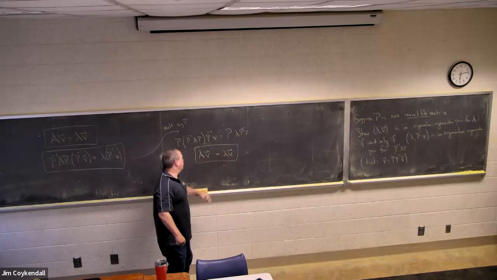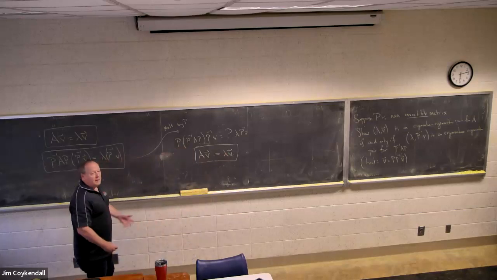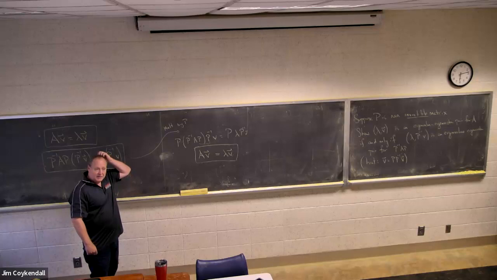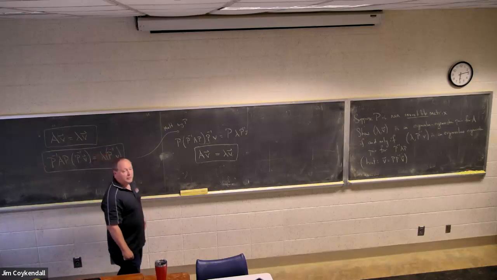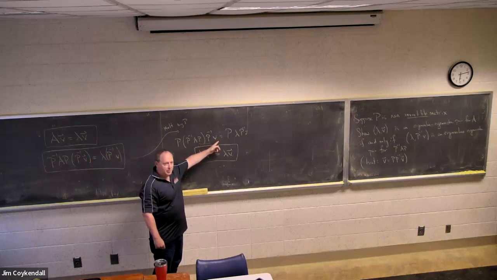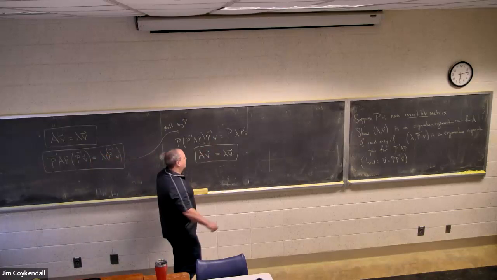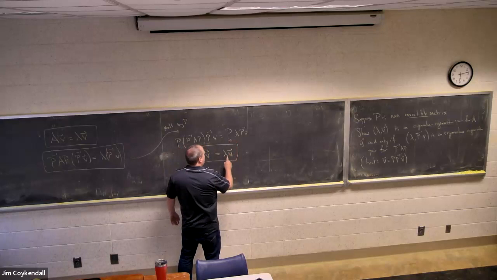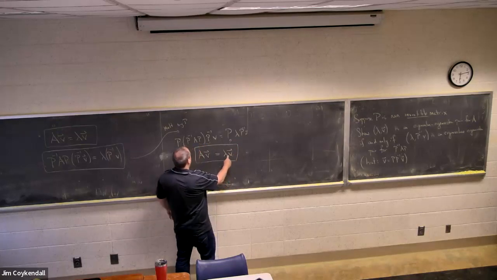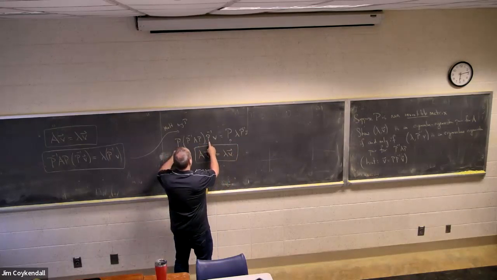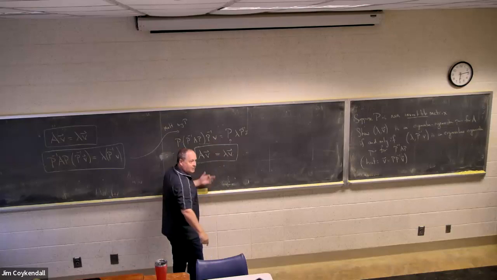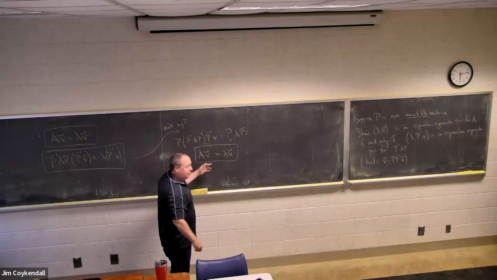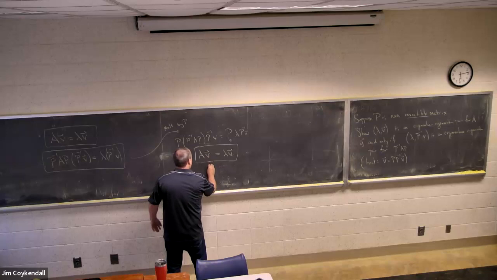We need to show that if this equation holds, then this equation holds. But how do we do it? Don't worry too much. Just do everything that you did in reverse. Put everything back, right? So how can you go from here to here? Put in a P P inverse on both sides here, right? Everybody agree with that?